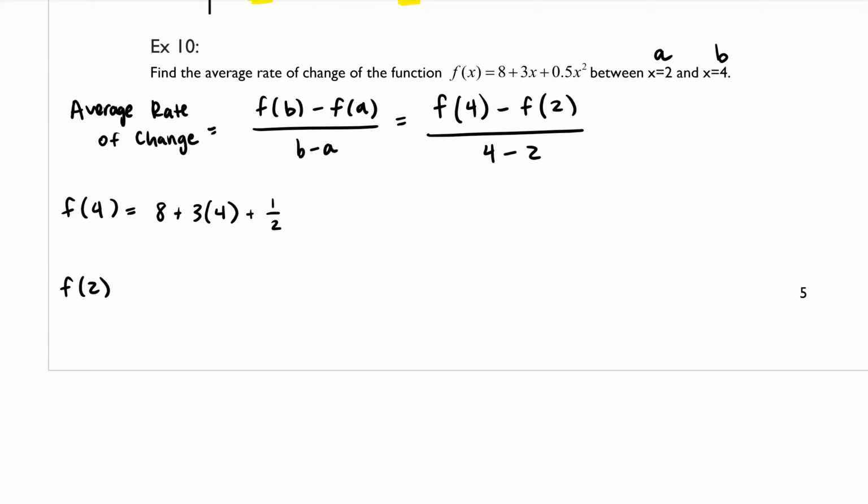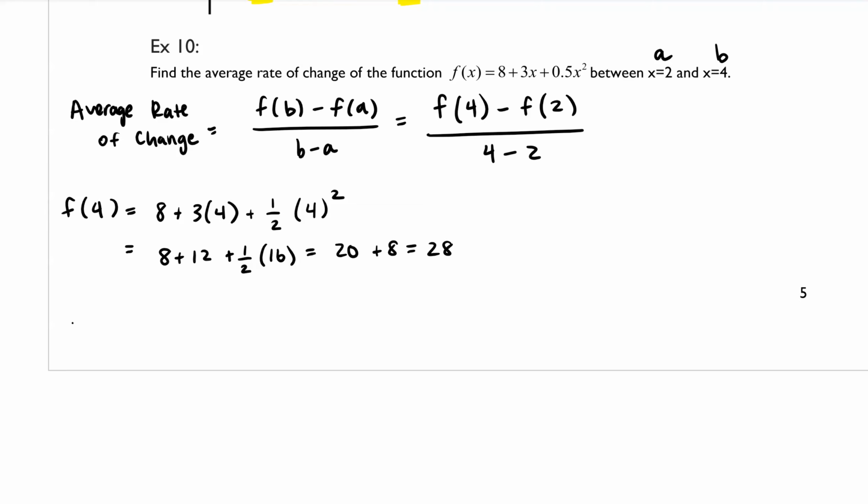I'm going to rewrite 0.5 as 1/2. So if I simplify that, we get 8 plus 12 plus 1/2 times 16, which is 20 plus 8, so that's 28.